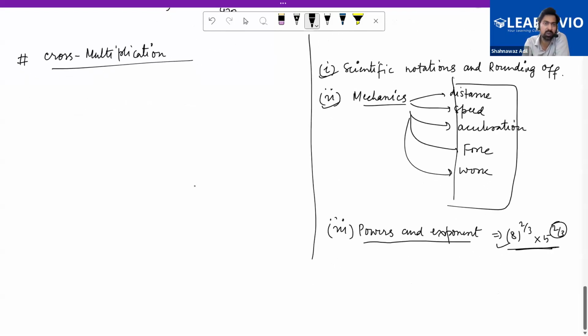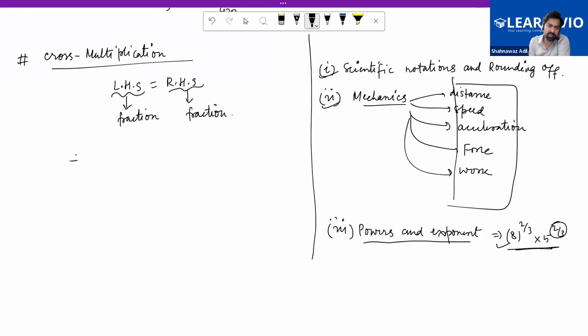When do we require the cross multiplication method? If we have an equation which has a left hand side and a right hand side, in the left hand side we have a fraction, and in the right hand side we also have a fraction, then we require the idea of cross multiplication.